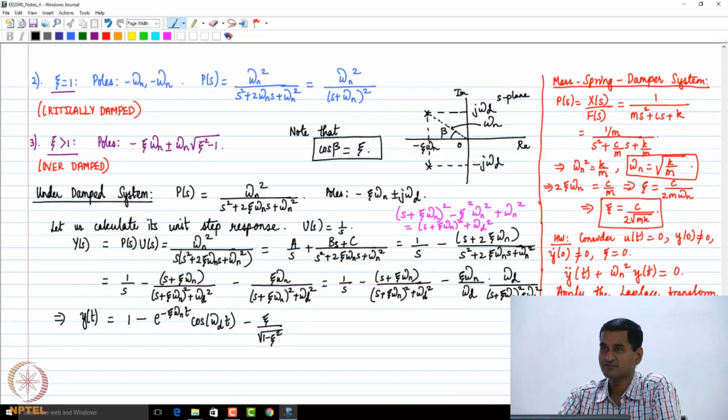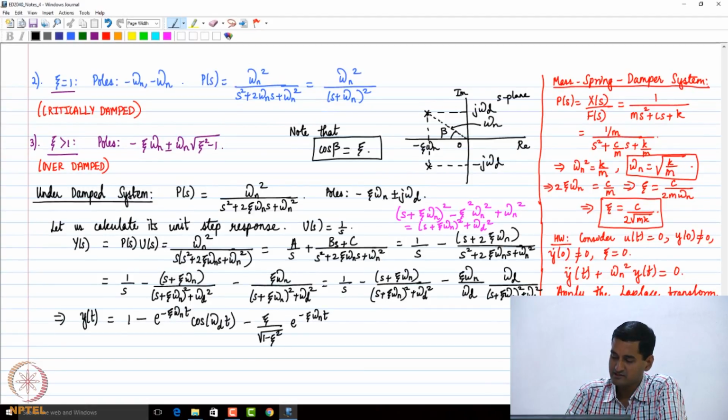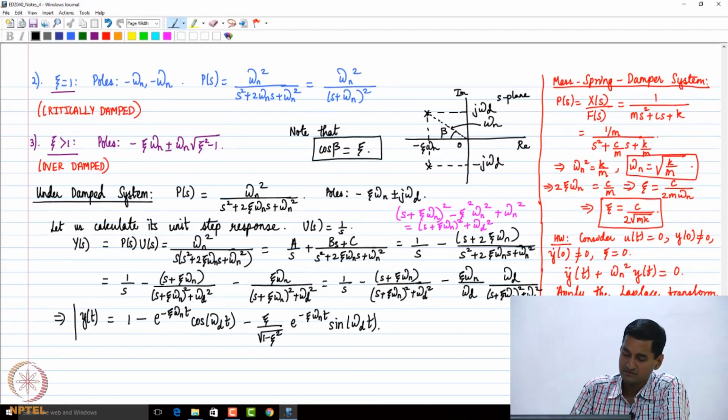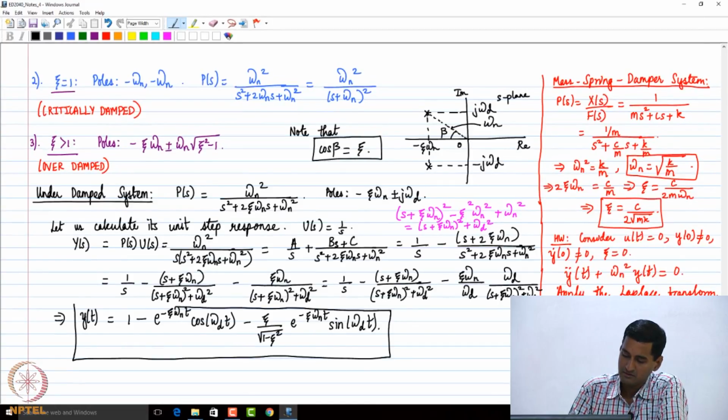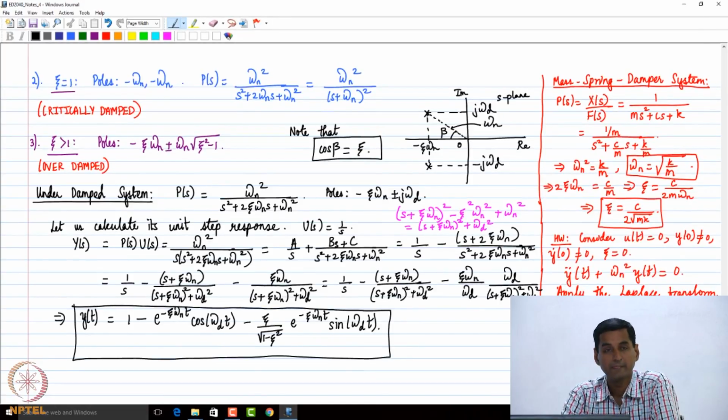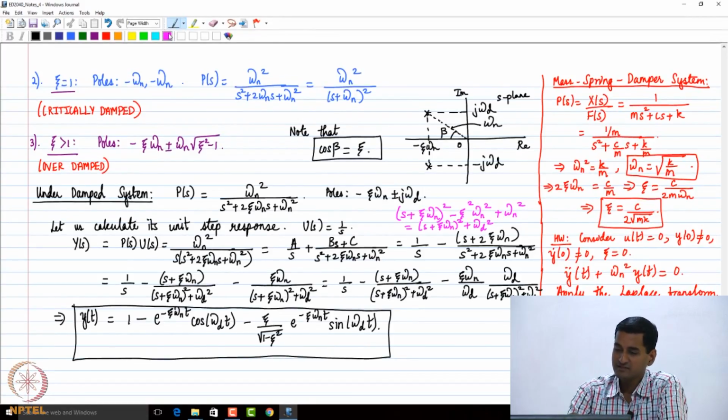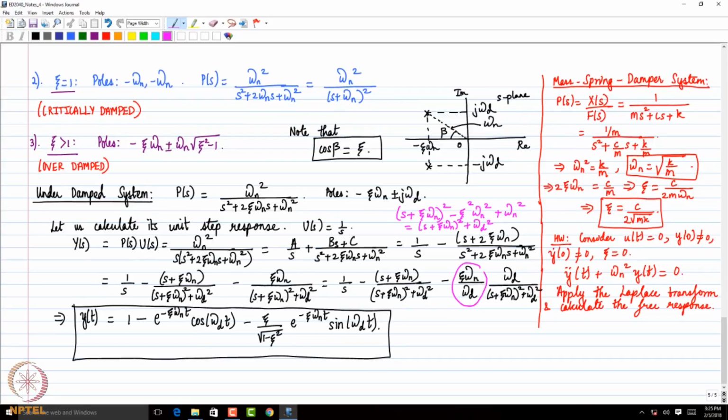Omega n cancels off, so I get zeta divided by square root of 1 minus zeta squared, and this is going to be e power minus zeta omega n t sin omega d t.